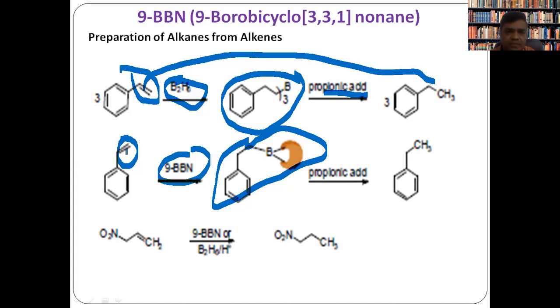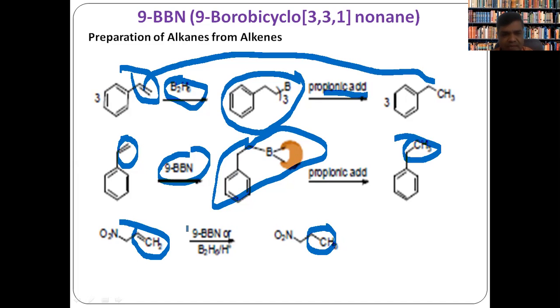And here also, alkene is converted to alkane. Only addition of hydrogen, H2, across the carbon-carbon double bond takes place. Nothing is different, only a selectivity issue is there. Okay, this is another example where also the carbon-carbon double bond is reduced to alkane.